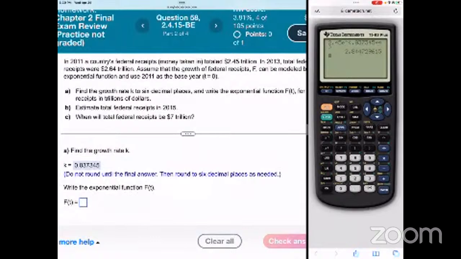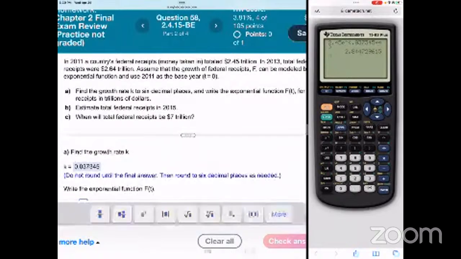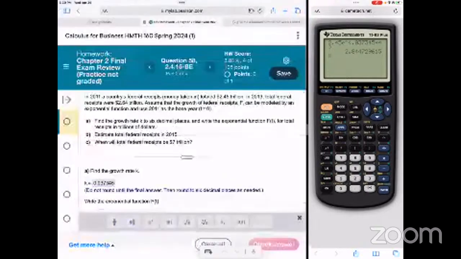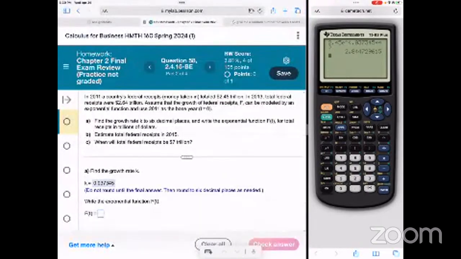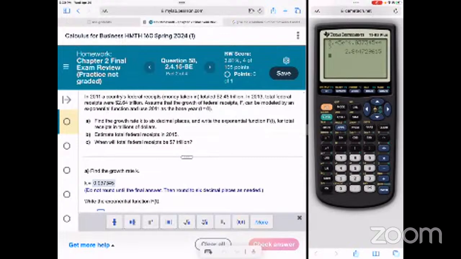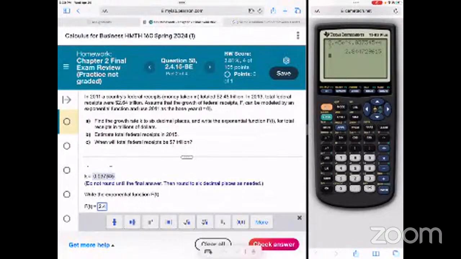Oh, they want the function. Okay, we got the function. We can do it. Zoom out just a little bit. 2.45 times E to the power of 0.037345 times T, right?